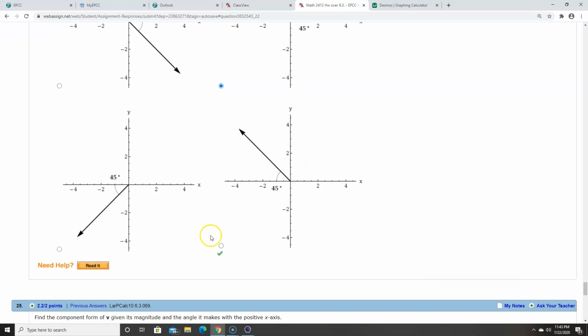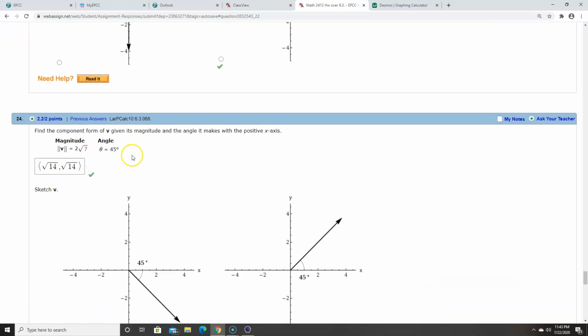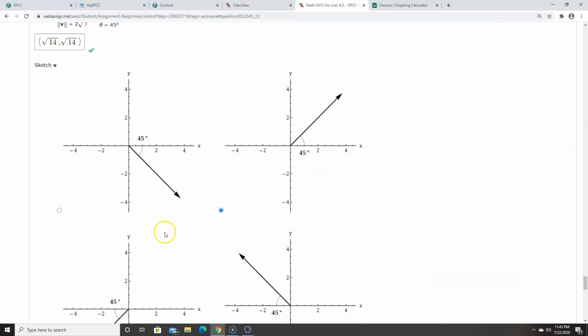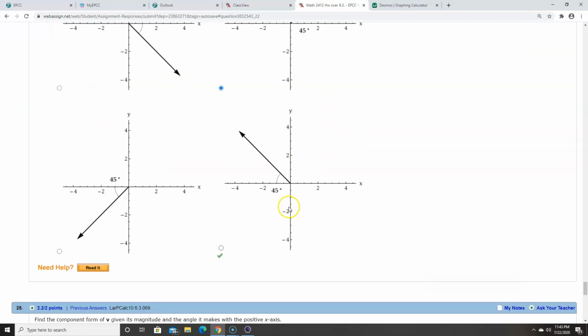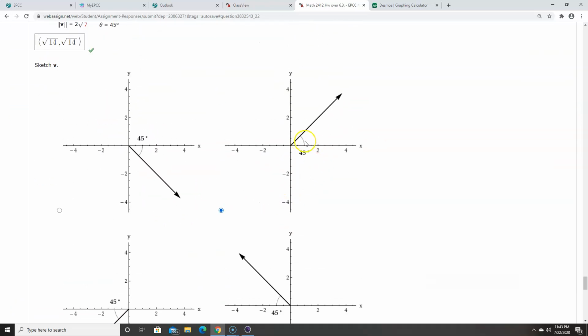That's not it. This is, again, a reference angle, 45 degrees, but it would be 180 plus 45 more, which would be 225 degrees, or negative 135. But we want positive 45. So this is the only one. So it has to be this one.